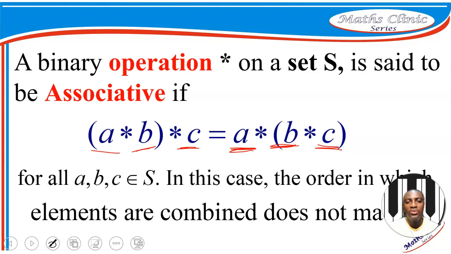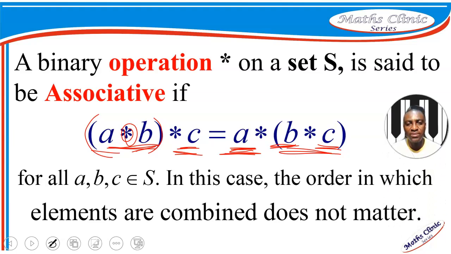Nothing has changed, just that in doing the operation, I can do the first two before the third one, or do the last two before the first one. When the left hand side is equal to the right hand side, then I will say the operation is associative. In this case, the order in which the elements are combined does not matter.